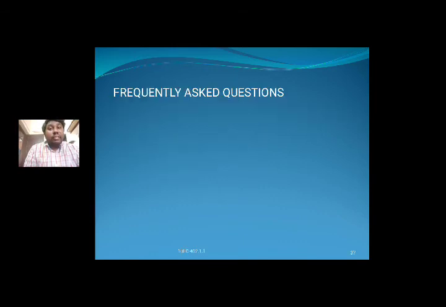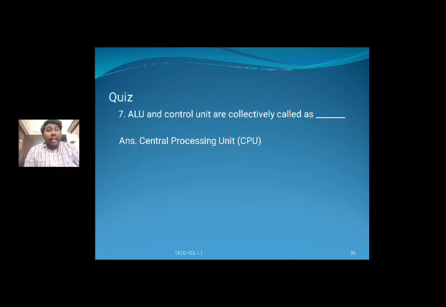Next question is, the ALU and control unit are collectively called as central processing unit, that is the CPU.